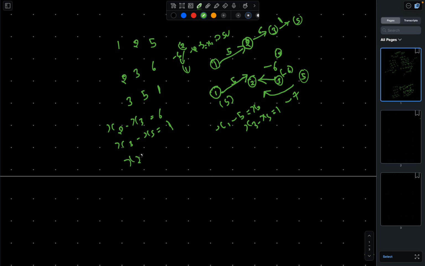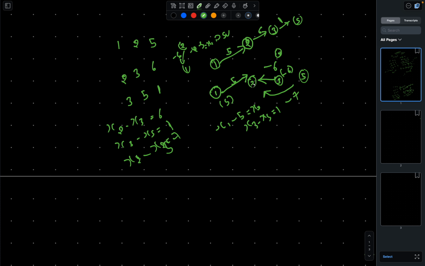If I add both equations, I get x2 minus x5 is equal to 7, which indeed matches ours. Ours is minus 7 because our edge is from 5 to 2. If we go the other way, then this will be plus 7, right? This is minus 7 because we are going this way.